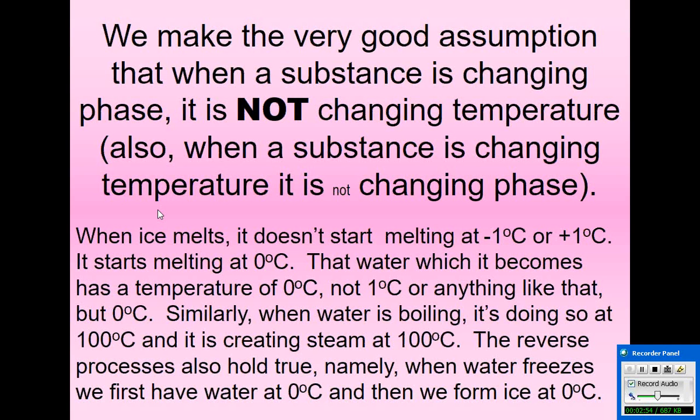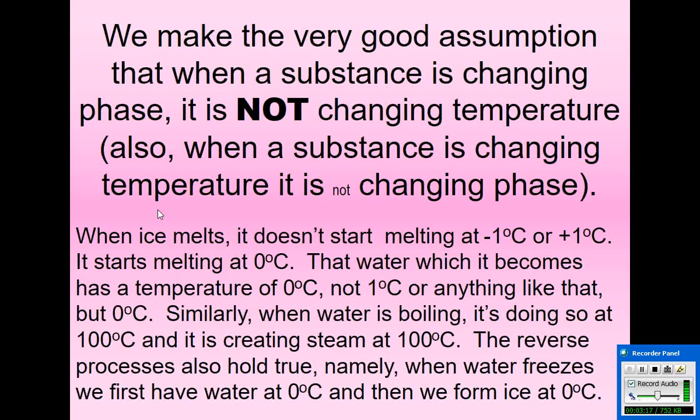Let's take a look at water as an example. You probably are aware of the fact that at standard pressure, ice melts at a temperature of 0 degrees Celsius, or water freezes at a temperature of 0 degrees Celsius. But while it is doing the melting or the freezing, it is at 0 degrees Celsius.